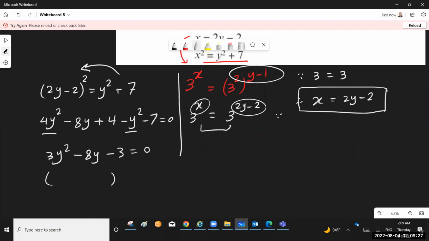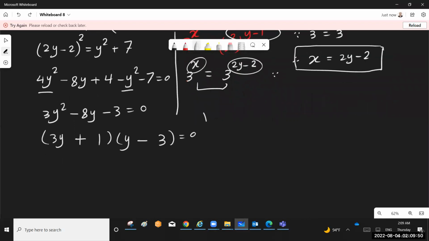By factorizing this expression, 3y squared is 3y times y, and the negative 3 can be 1 times 3. Make it negative 3 times positive 1 to get a difference, negative 8. Now, the middle term, as you see, is 1y minus 9y, which gives you negative 8y. Correct? Yes.